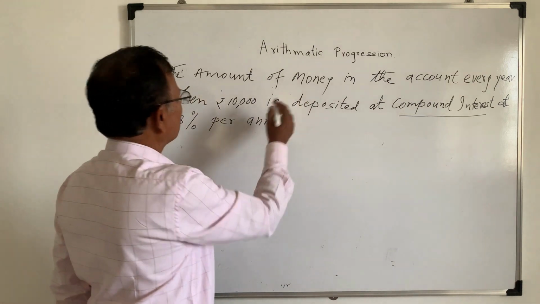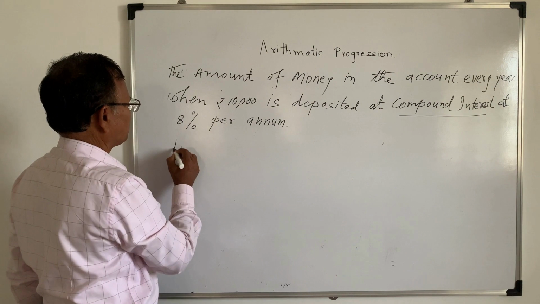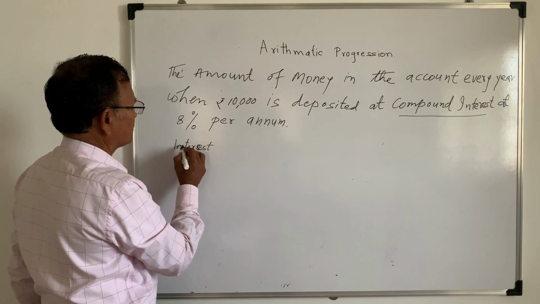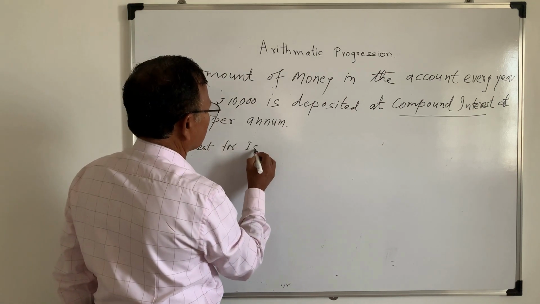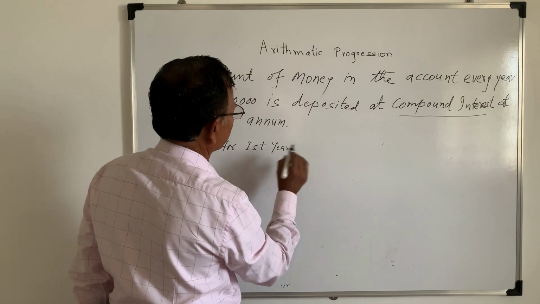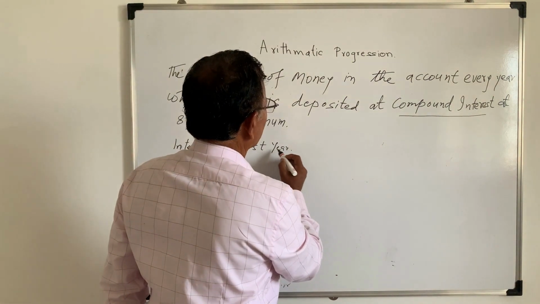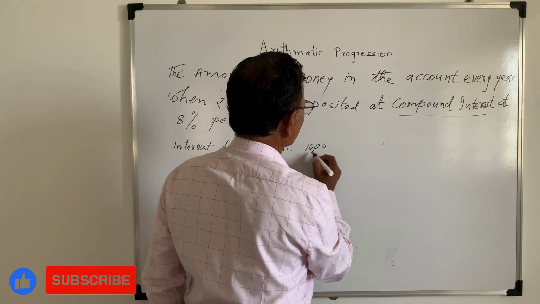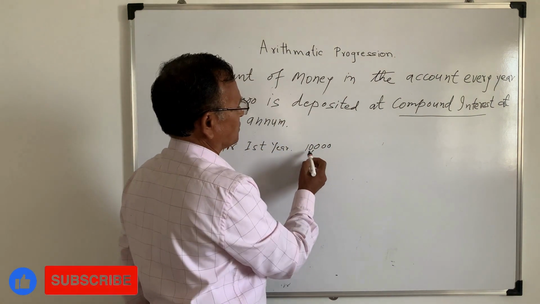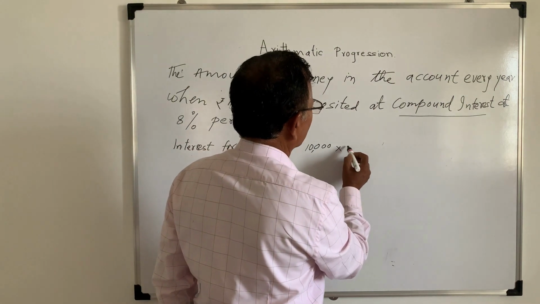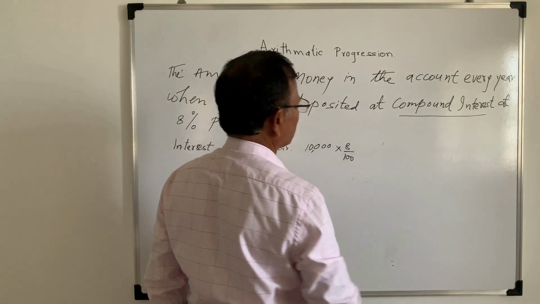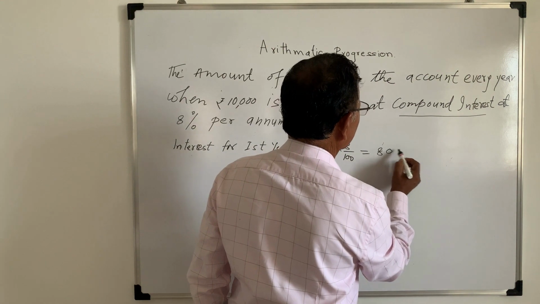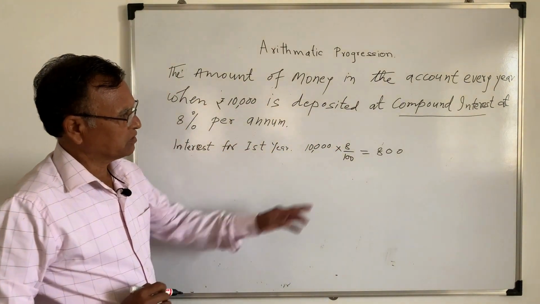Calculate the interest for the first year. 10,000 is the principal amount, and the rate of interest is 8%.